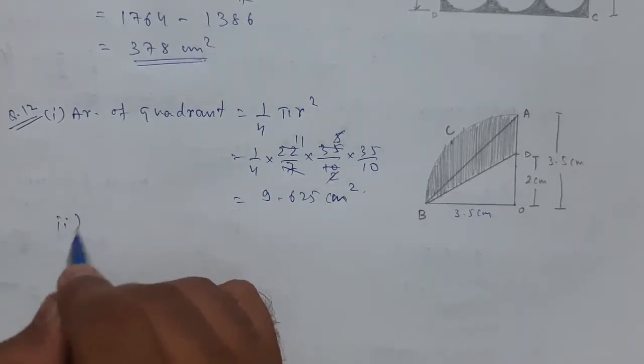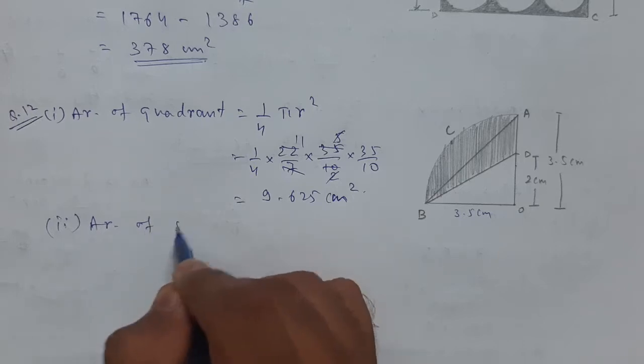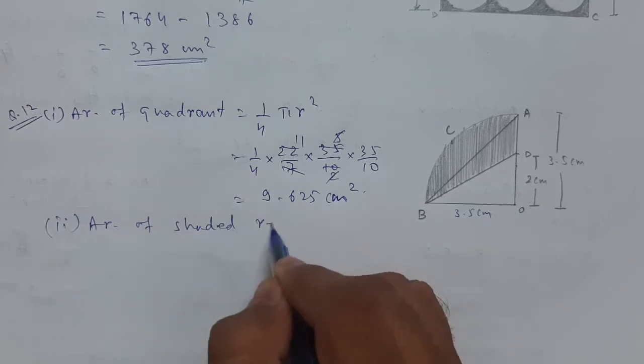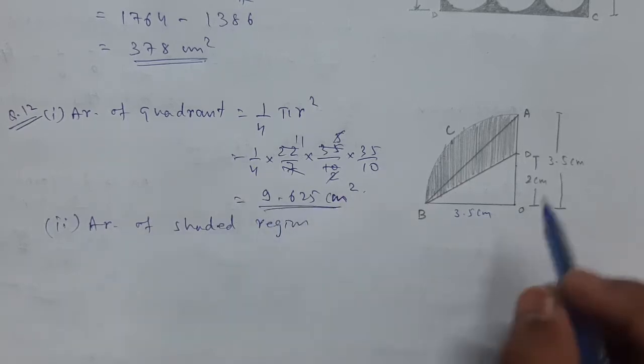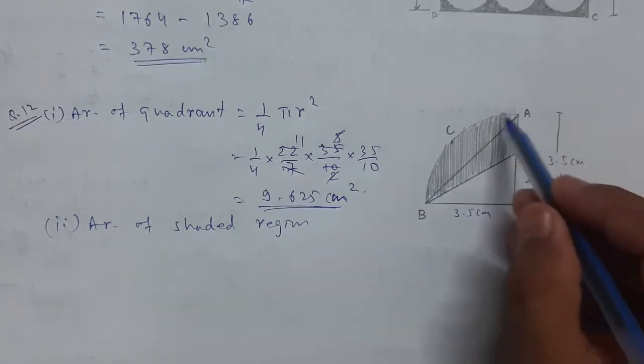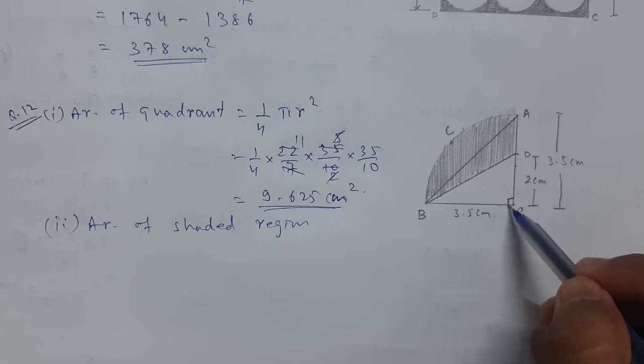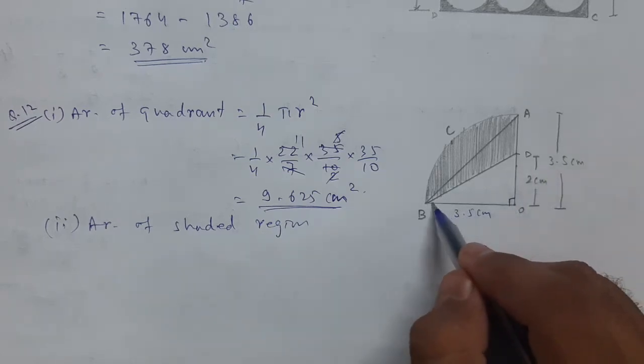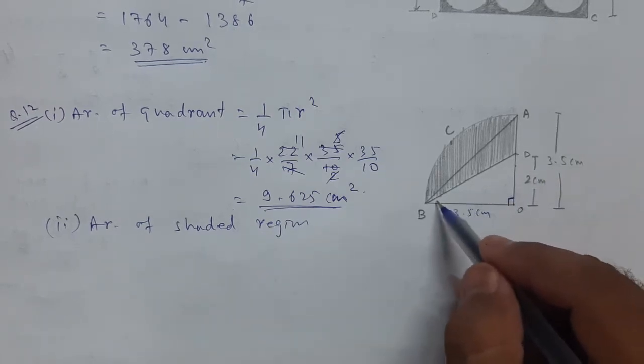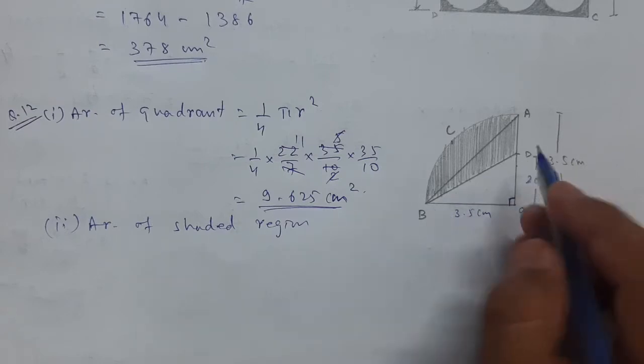Now the second bit, area of shaded region. To find the area of shaded region, we can subtract the area of triangle from the area of quadrant. As this will be 90 degree, as it is a quadrant, by the formula half base into height, you can find the area of triangle OBD.